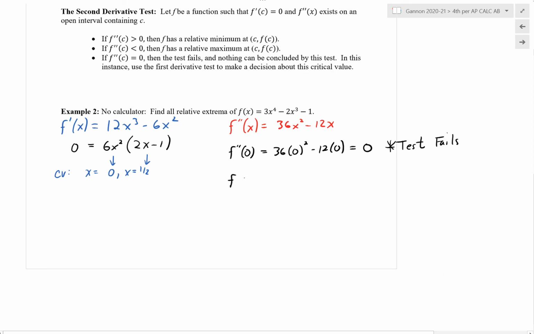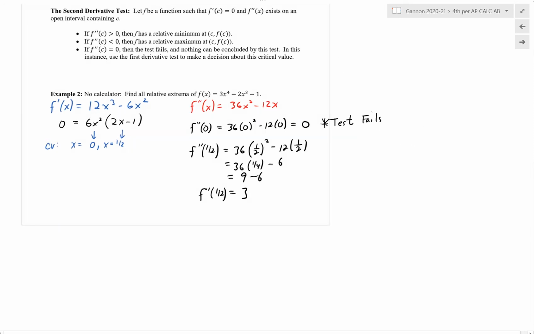If we then evaluate f double prime of 1/2, we're going to have 36 times 1/2 squared minus 12 times 1/2. That's going to be 36 times 1/4 minus 6. So 36 times 1/4 is 9. So 9 minus 6 is 3, which means f double prime of 1/2 is 3.